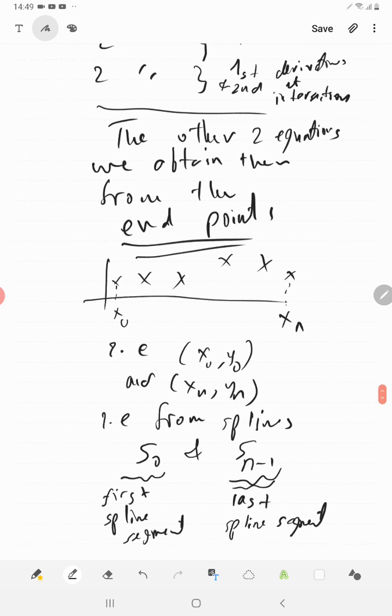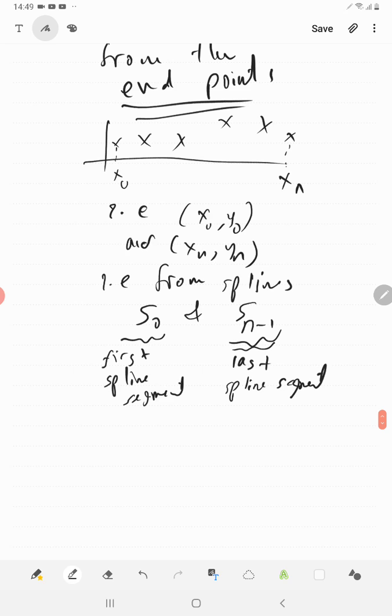What we want actually is to define two values for the first segment and the last segment. And that depends on the type of the spline we are looking for.